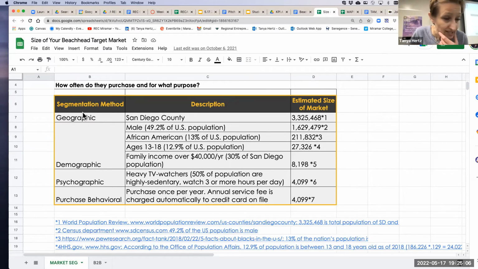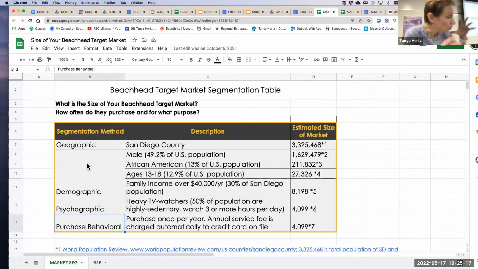So when you're segmenting, a good way to segment is geographically, demographically, psychographically, and then behaviorally. And by behaviorally, I mean purchase behaviors. And this helps you to really think them through, to go through each one of those different segmentation variables and really articulate, and it helps you to also get to that number.